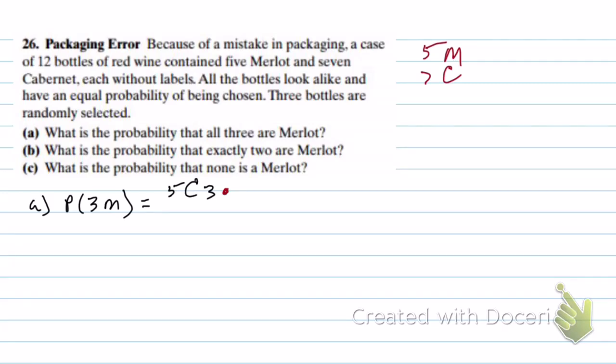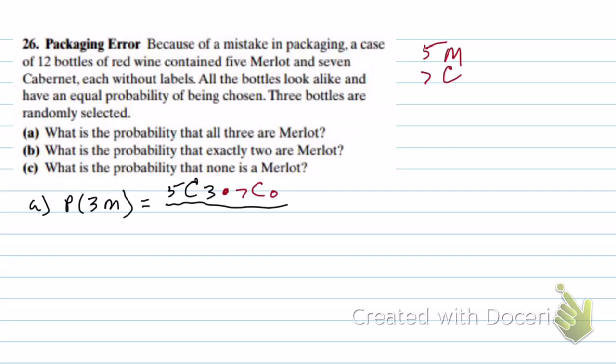Now then, don't forget, do this. I've got 7 Cabernet. How many am I choosing of them? 0. So I'm going to put, just for the sake of my broken heart, 7 combination 0. Because I know that's going to be 1. 7 things taken 0 at a time. There's only one way I can do that.